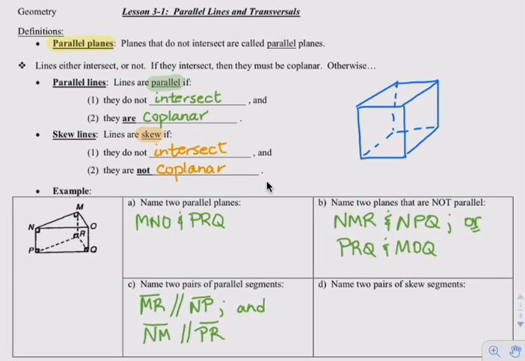So let's grab NM and then OQ. So something like segment NM and segment OQ would work. Or how about segment MO and segment PQ?